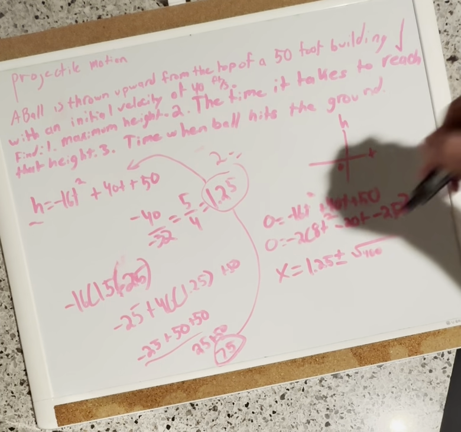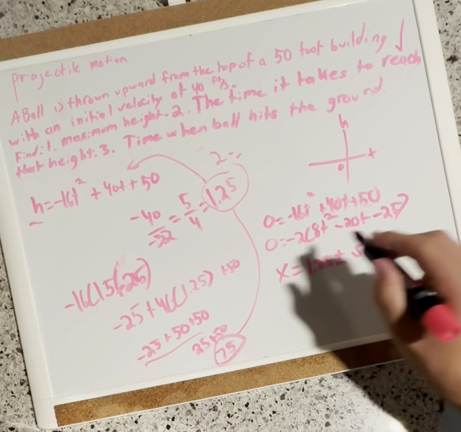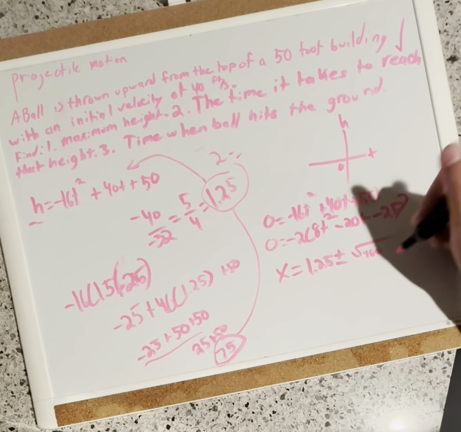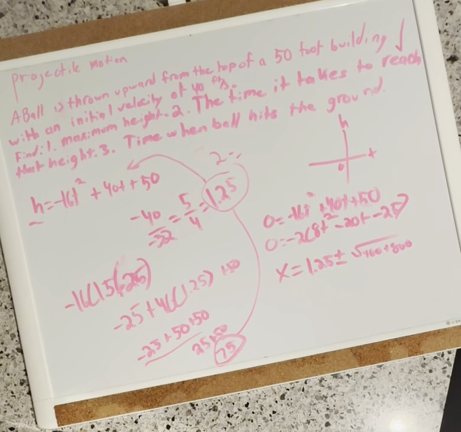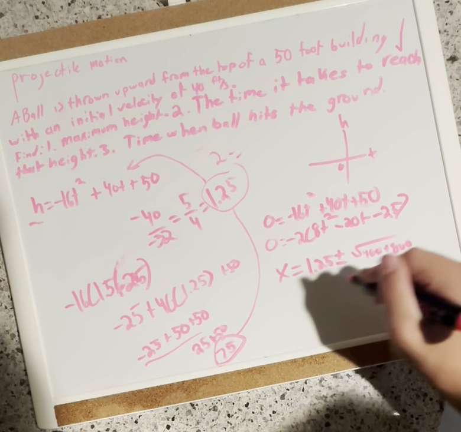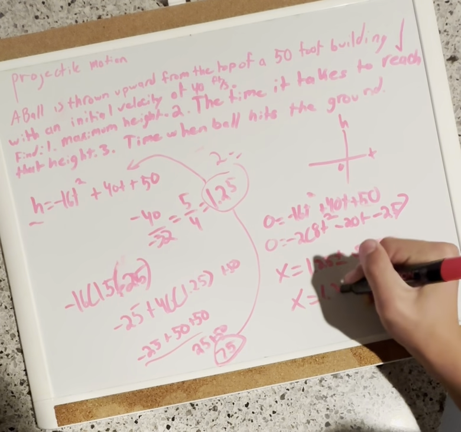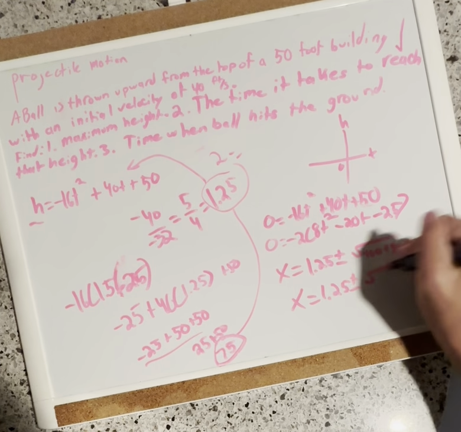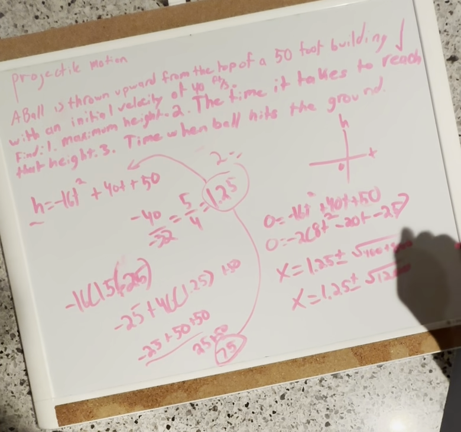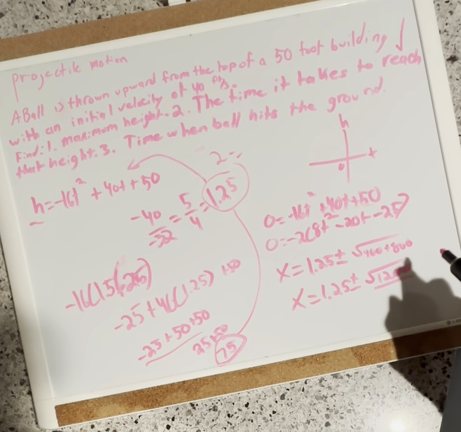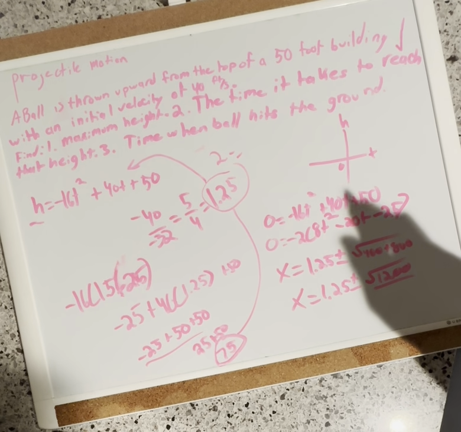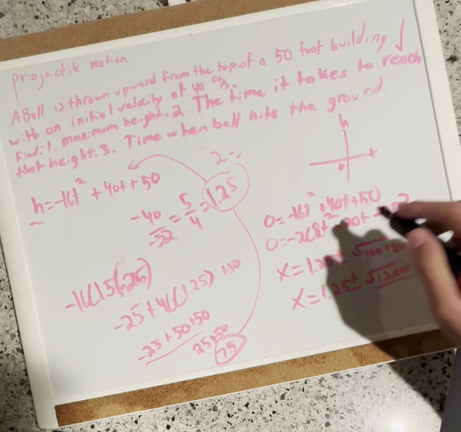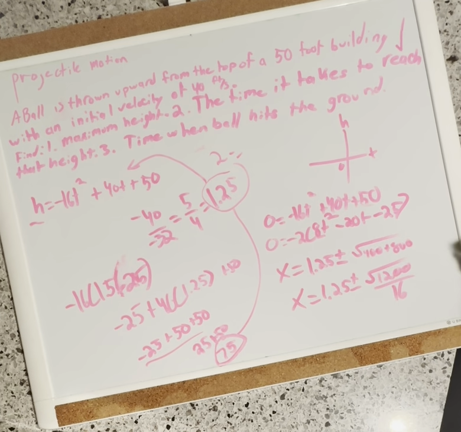So we can multiply a and c right here, because that's just easy, 200. So then that would be plus 800. Okay. So then x equals 1.25 plus or minus square root of 1200 over 2 times a, which in this regard would be 16.